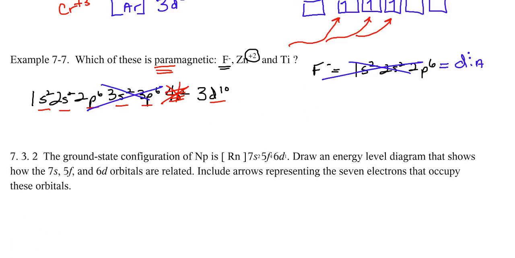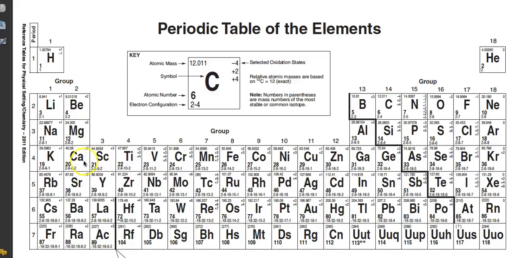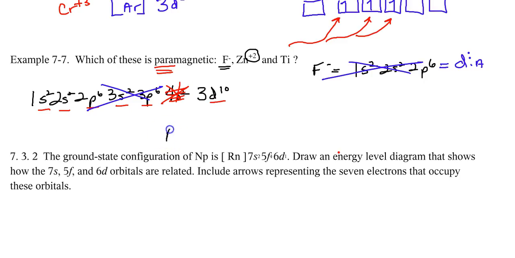How about titanium? If you're not aware of what titanium looks like, let's get there. So titanium is 4s2, 3d2. Let's go. So titanium is argon, 4s2, 3d2. Okay. So what do we know? Well, we know that argon, everything's filled.